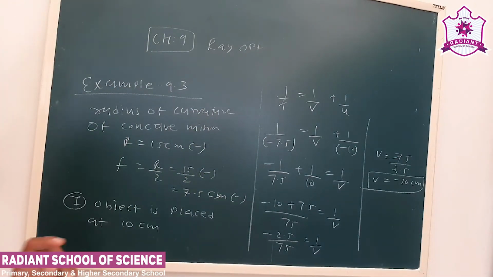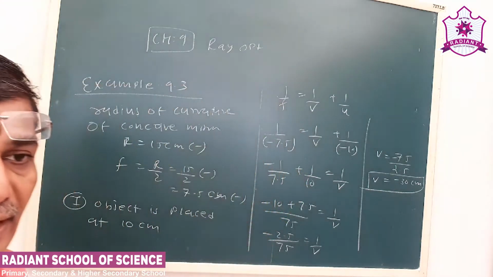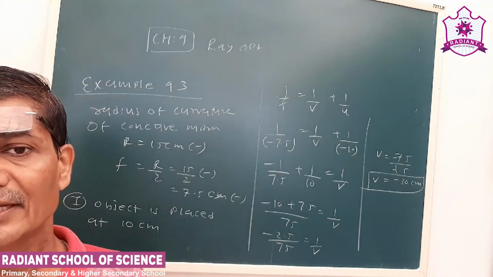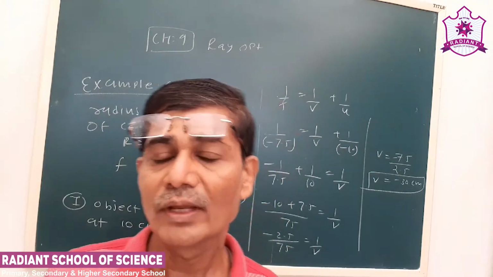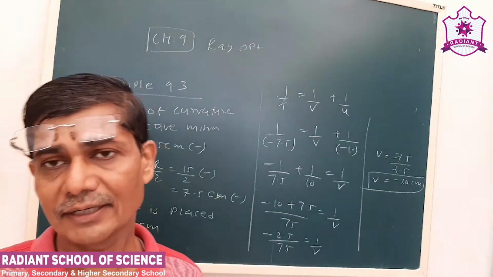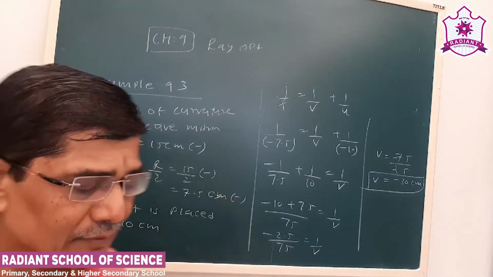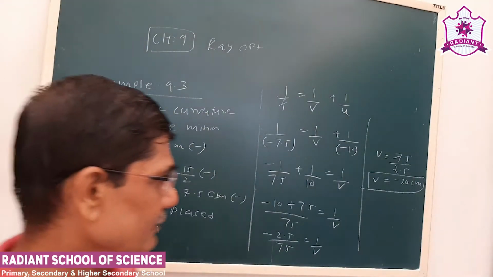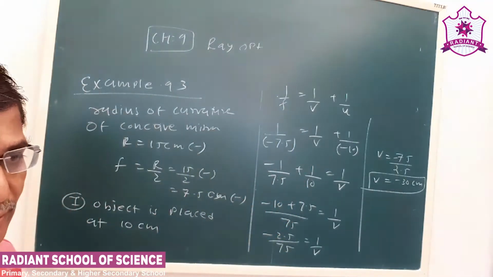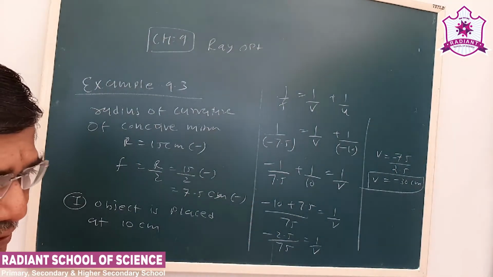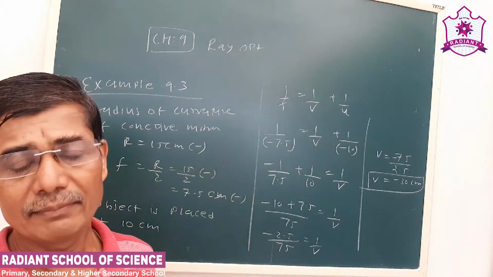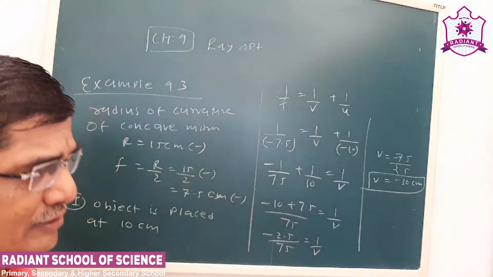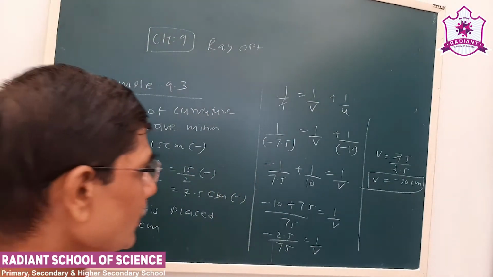We have seen in the diagram that when the object is placed between F and C, the image formed is real, inverted and larger. As we have discussed earlier, if we get a real image, then the value of V we should get as negative. That we are obtaining, so we can say our calculation is correct. So by remembering the ray diagram very well, we can easily cross check whether our answer is right or not.